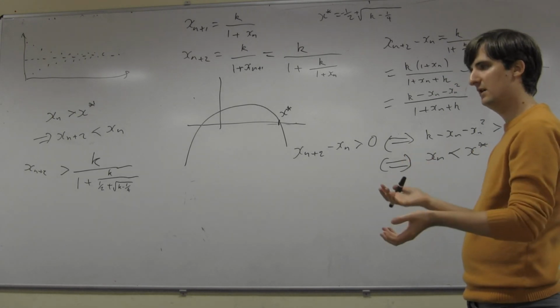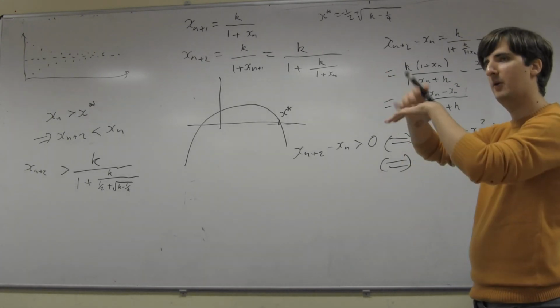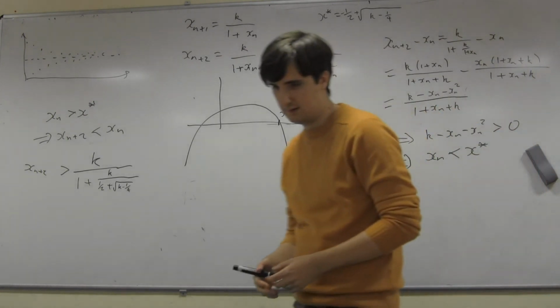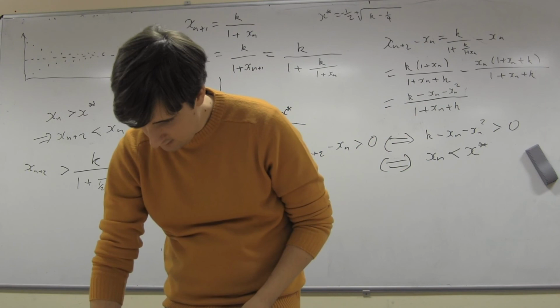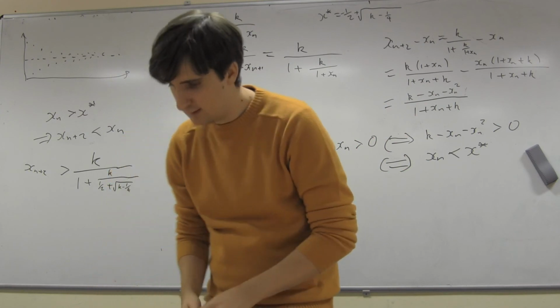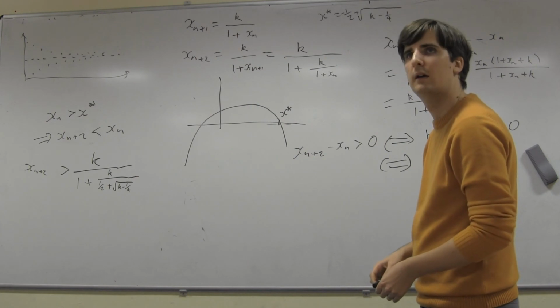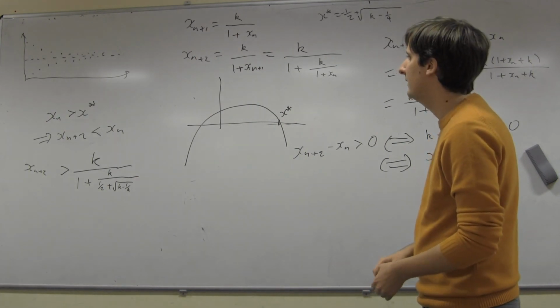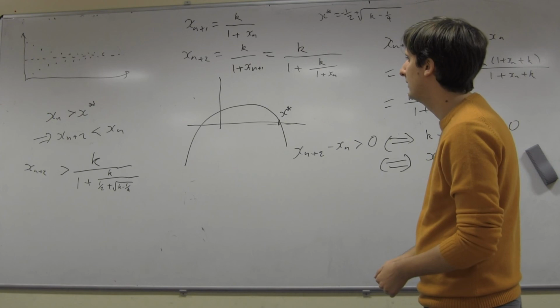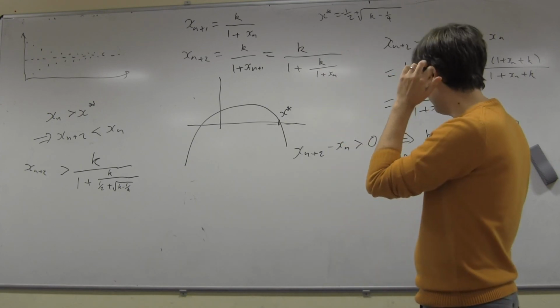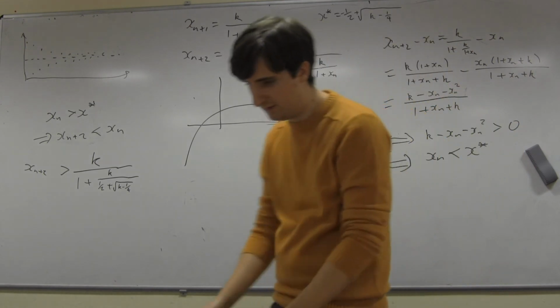Thus, they must converge to their supremum or infimum, respectively. The supremum is just x star in both cases. So you're basically done at that point.